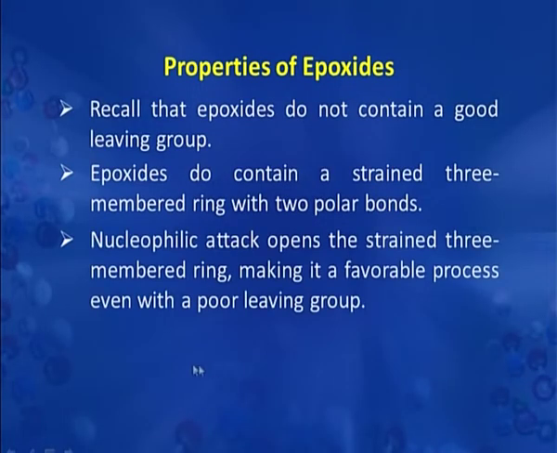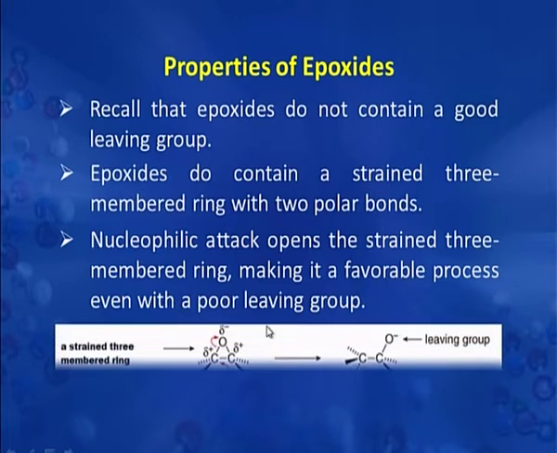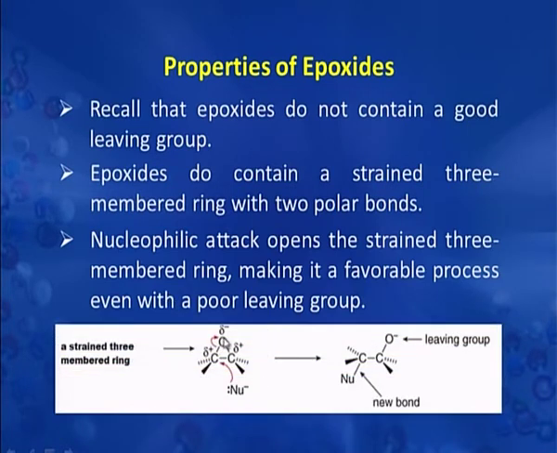That is why nucleophilic attack opens the strained three-membered ring, making it a favorable process even with a poor leaving group. You can see here that in this epoxide there is no good leaving group, but even then ring opening is taking place.